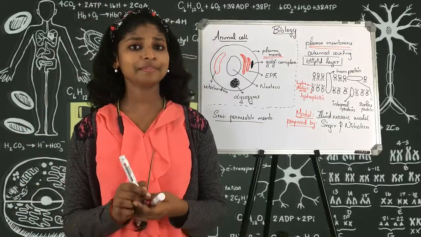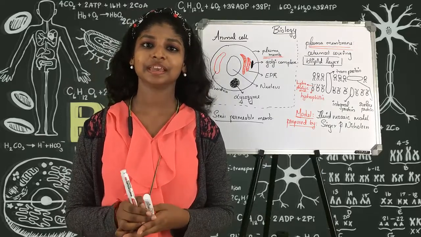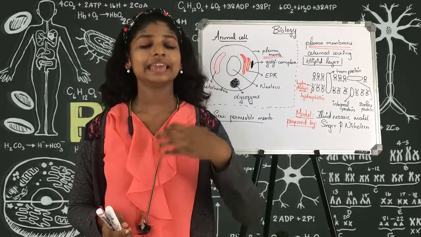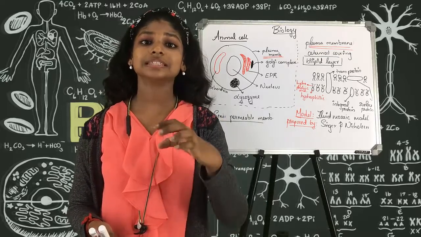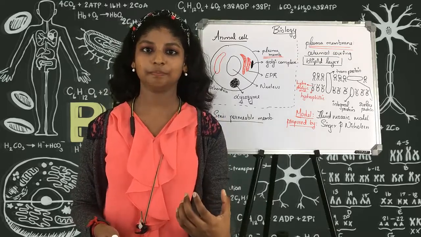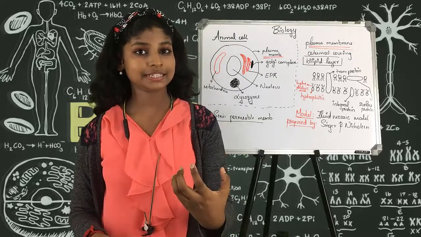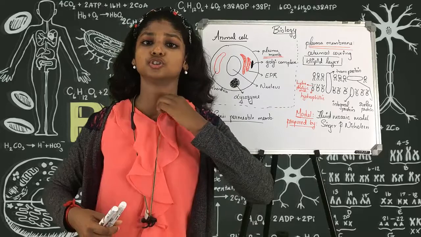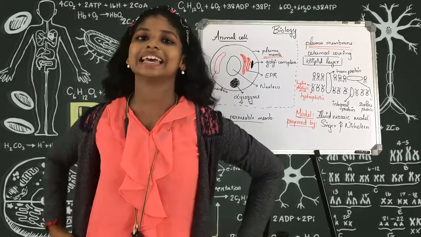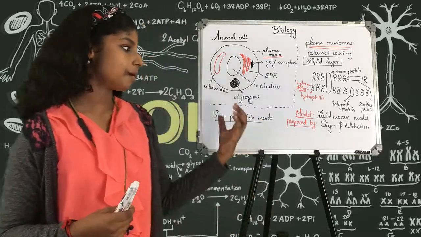Or what do you mean by permeability? It means the ability of a substance to allow some molecules to pass through them. Ability of a substance to allow some molecules to pass through them is known as permeable or permeability.